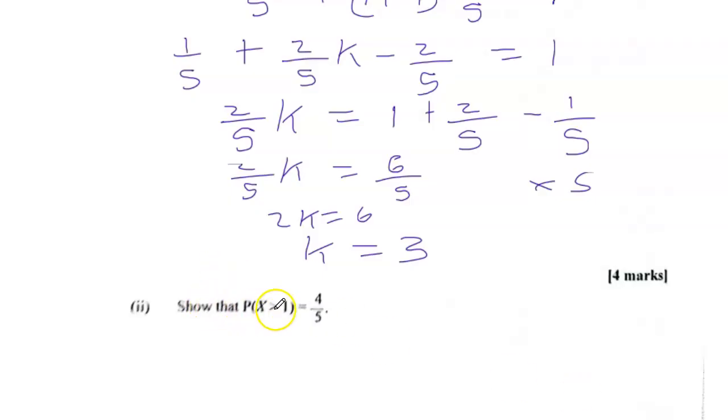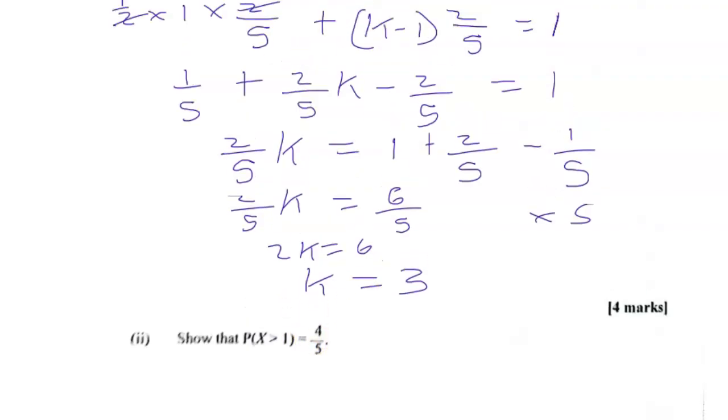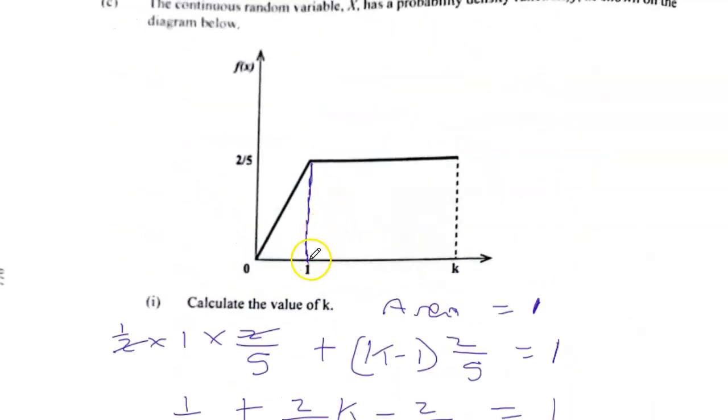Part 2, show that the probability that X is greater than 1 is equal to 4/5. Greater than 1 would be from 1 to k, so that would be the rectangular part. We're going to work with the probability by finding the area of the rectangle.